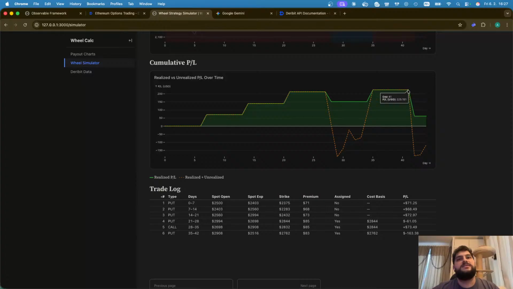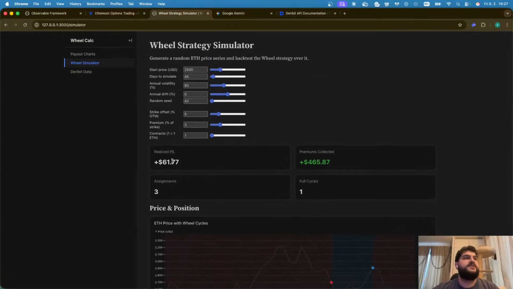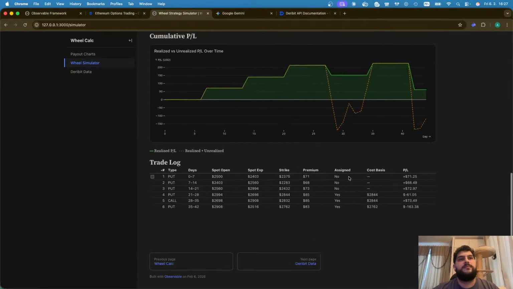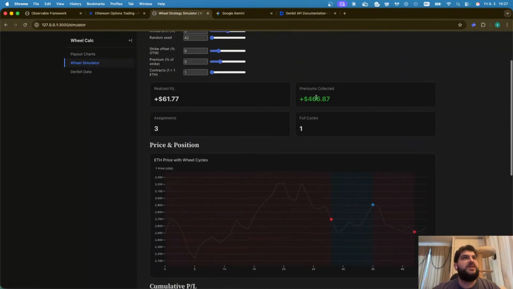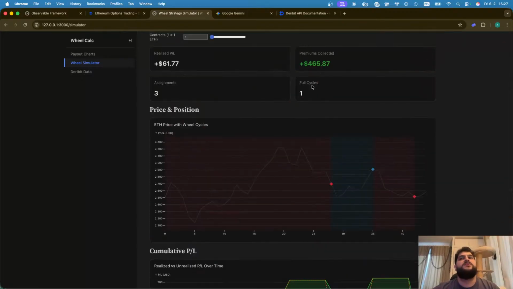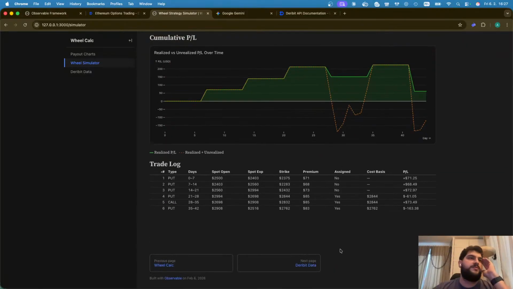And this was minus 163, which ended up at 61. Okay. And premiums collected is basically useless, I guess, because we also lost some of this, or we were using it to cover the losses.